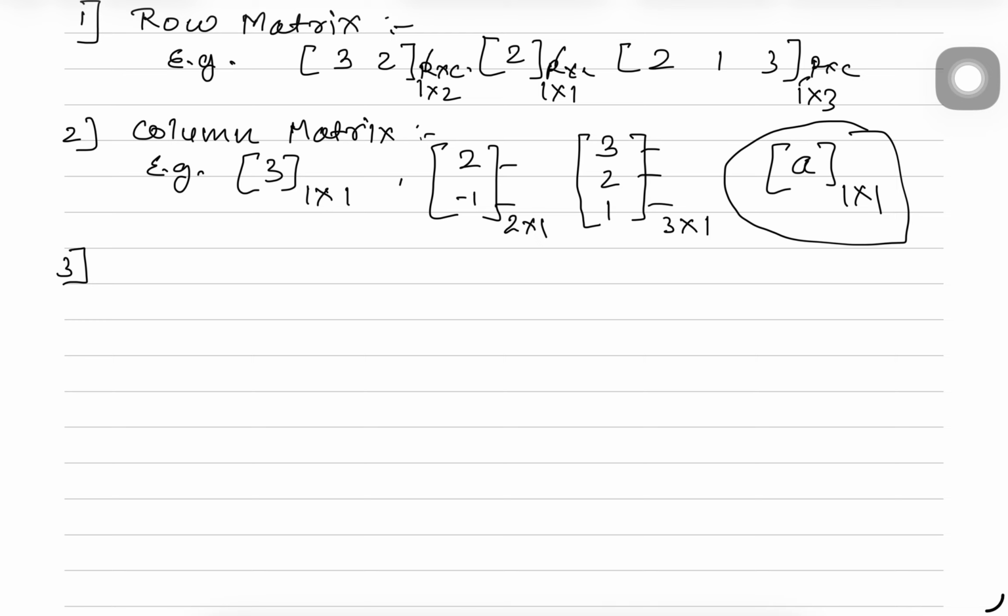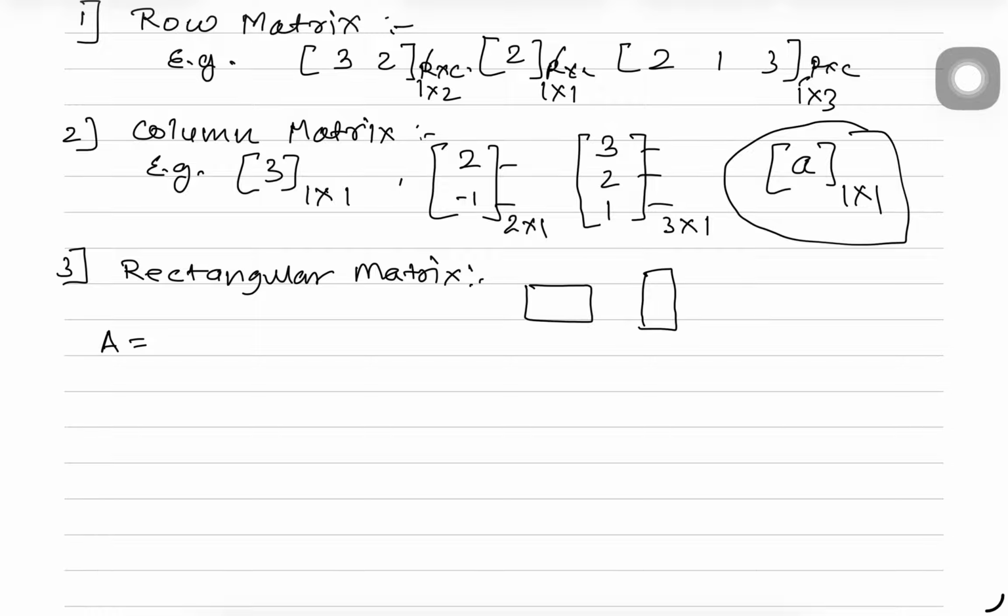Okay, next is the rectangular matrix. The third one is the rectangular matrix. As the name itself shows you the shape. Okay, as we are bound to study up to 3 cross 3. So a matrix A of ij, this is the representation, and m cross n is the order.